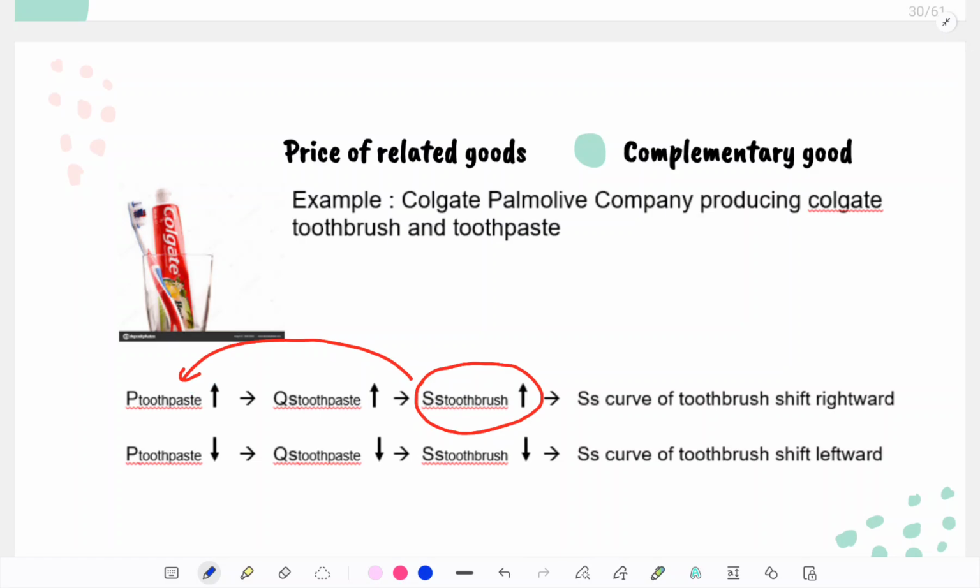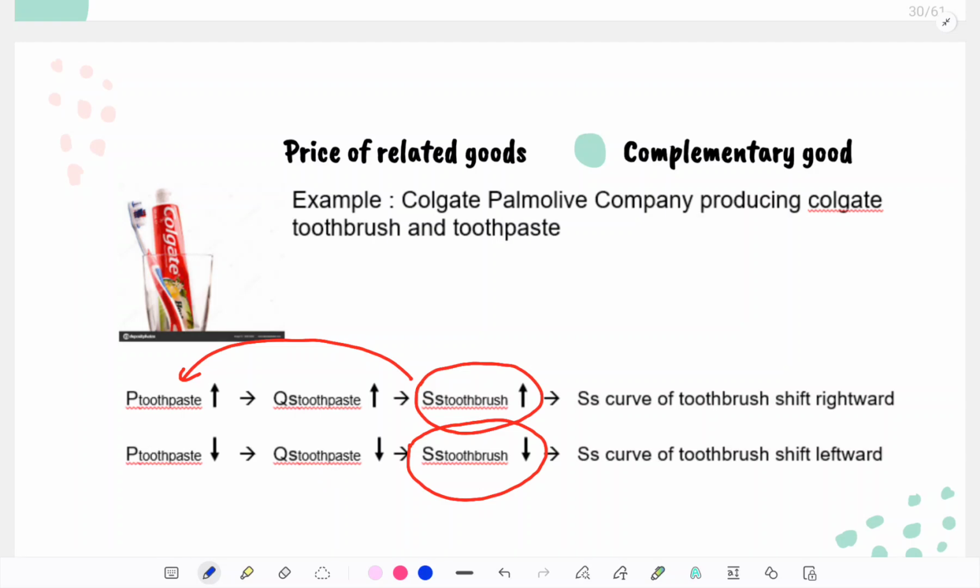There will be the opposite. When the price of toothpaste decreases, the company will decide to reduce the production of toothpaste to avoid loss. At the same time, the company will also decide to reduce the production of toothbrush, due to the reduction in production of toothpaste.